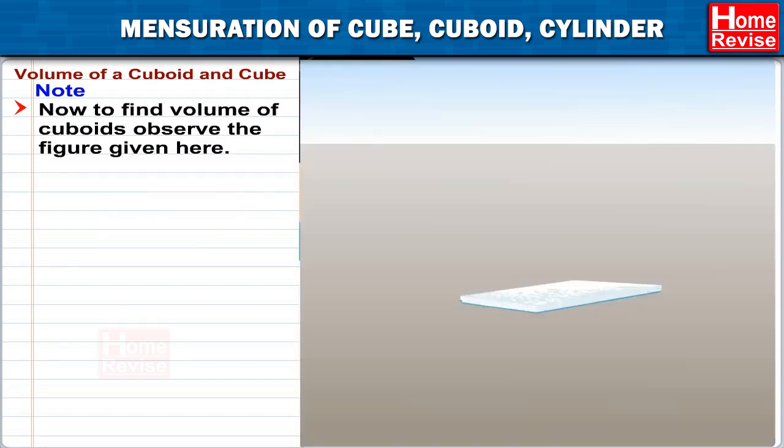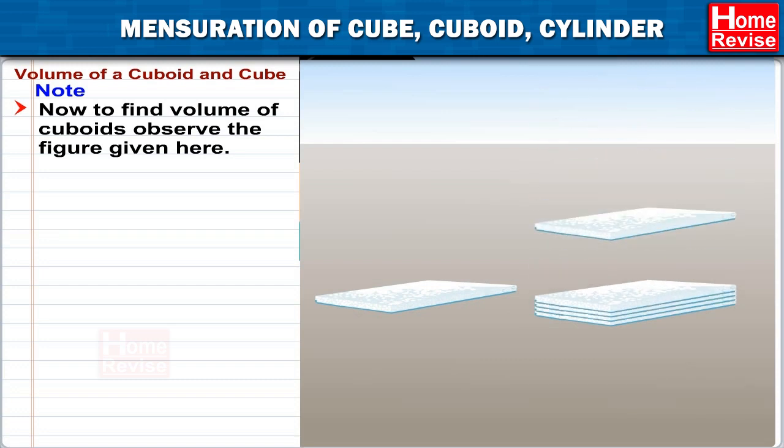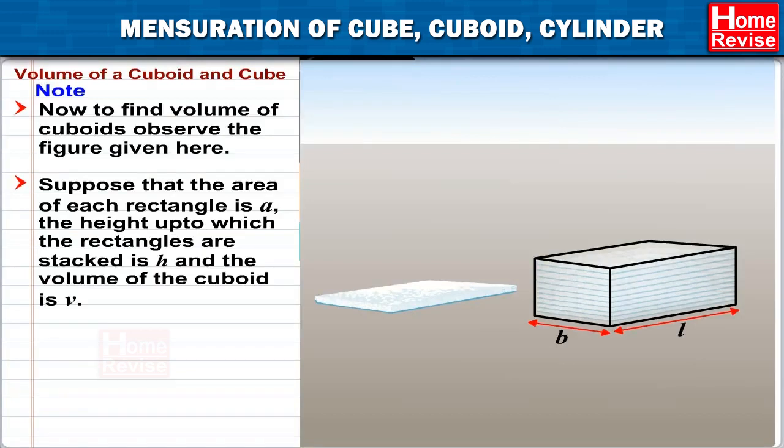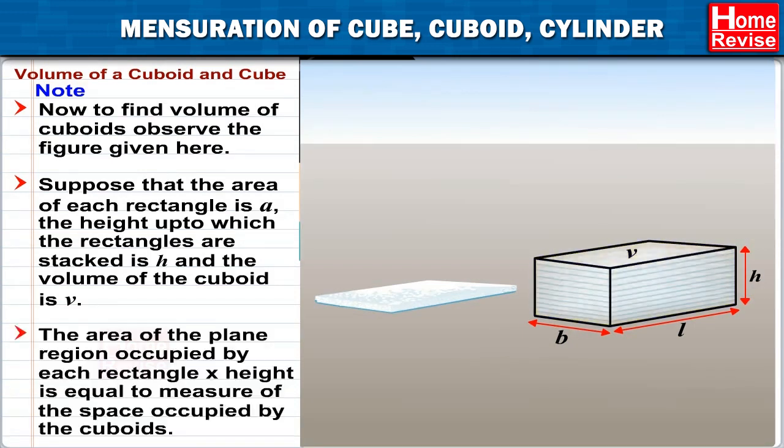Now, to find the volume of a cuboid, observe the figure given here. Suppose that the area of each rectangle is A, the height up to which the rectangles are stacked is H, and the volume of the cuboid is V. The area of the plane region occupied by each rectangle times height is equal to the measure of the space occupied by the cuboid.